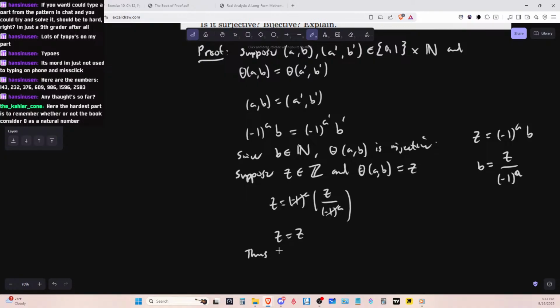Thus, theta of a and b is surjective. Therefore, theta of a and b is bijective. Oops, not bijective, bijective.